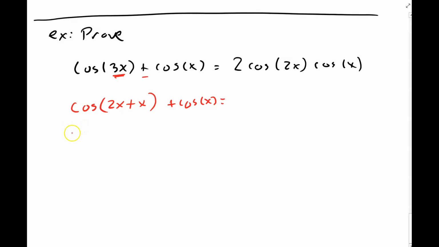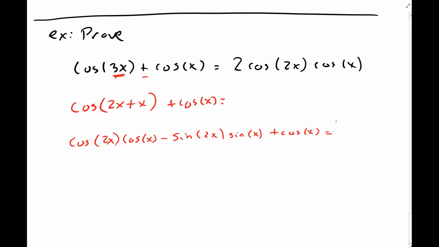So when I apply the angle sum formula for cosine, I get cosine 2x times cosine x minus sine 2x times sine x, and then I still have that plus cosine x floating around there at the end.